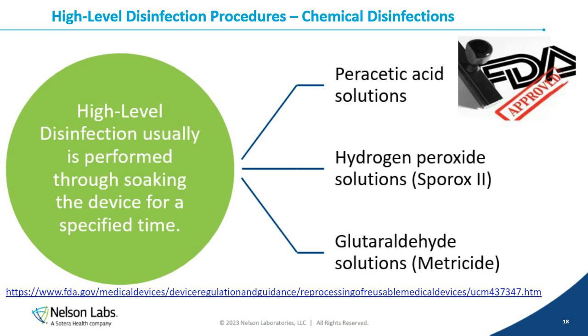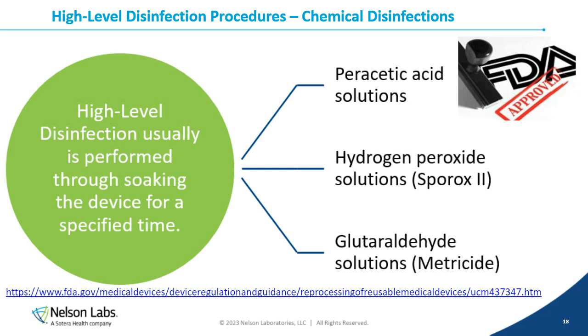High-level disinfectants are going to be peracetic acid solutions, hydrogen peroxide solutions, or glutaraldehyde solutions, or similar solutions as those. And so taking into account the material compatibility with these different solutions is something you want to consider when you are doing your disinfection validation.